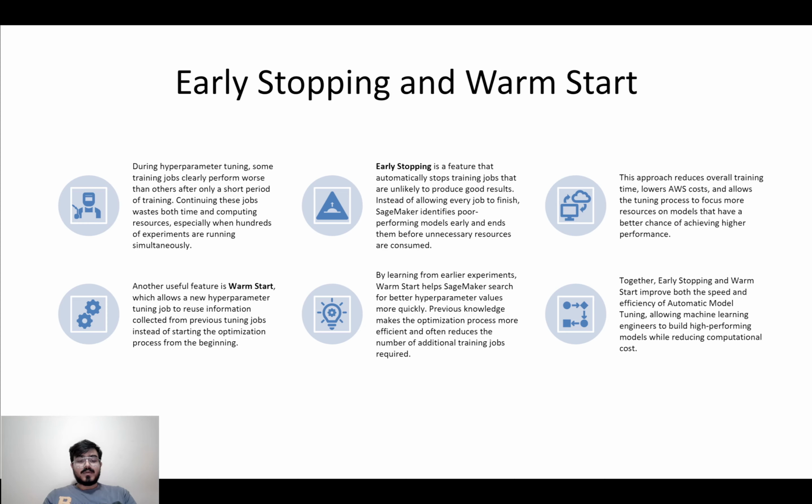Because of this, fewer additional training jobs are needed, making the optimization process faster and more efficient. Together, early stopping and warm start help reduce training time, lower AWS costs, and improve the overall efficiency of machine learning model development.